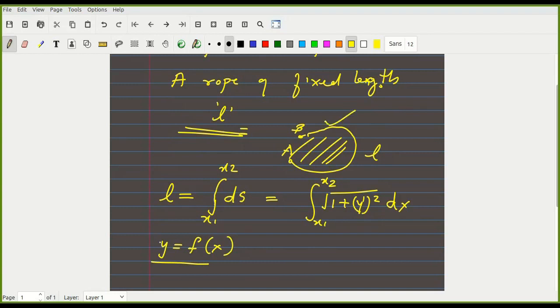So eventually I want to know what is this function. So basically we are studying this by the calculus of variation format. So there is a problem under the calculus of variations again.